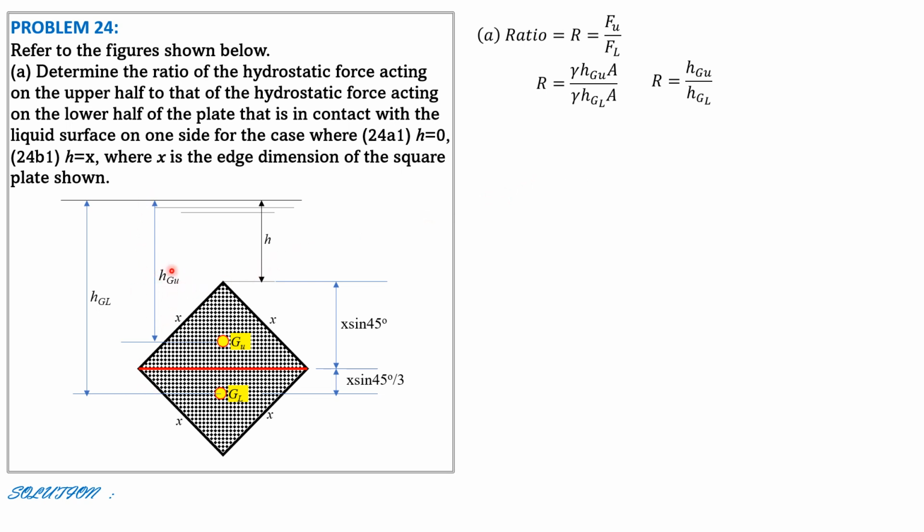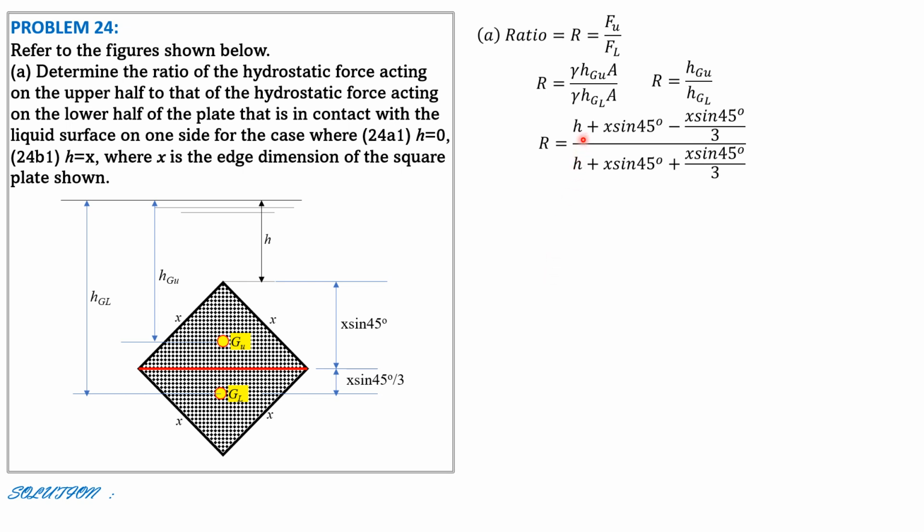It is equal to H plus X sine 45, then we go up X minus X sine 45 over 3 for HGU, while HG lower is H plus X sine 45 plus X sine 45 over 3. So H plus X sine 45 degrees minus X sine 45 degrees over 3 for HGU, then over H plus X sine 45 plus X sine 45 degrees over 3 for HGL.